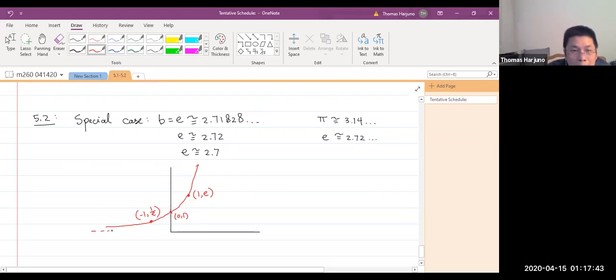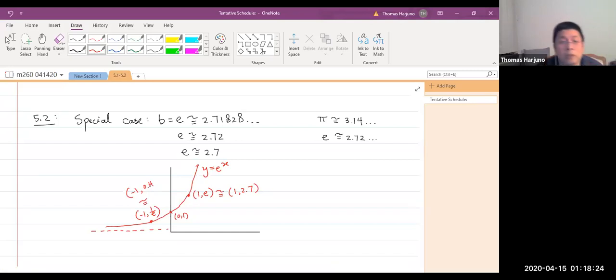The horizontal asymptote will be the same for the graph of y equals e to the x. You can approximate 1, e as 1, 2.7, and negative 1, 1 over e as negative 1, 0.4, approximately.